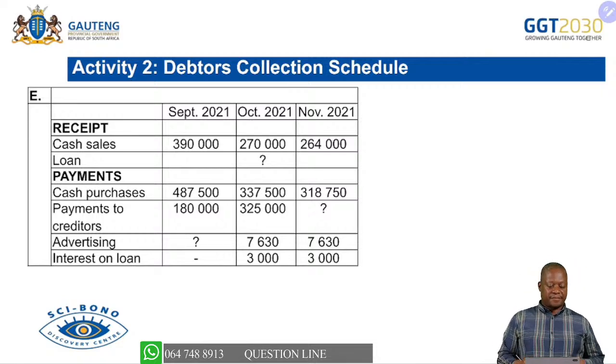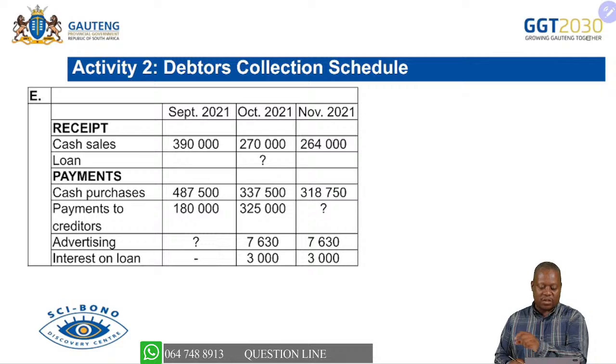Now, there is also this information. It says there is an extract from our cash budget. Remember, in our cash budget story, we are having receipts and payments. Now, they are giving us cash sales there.